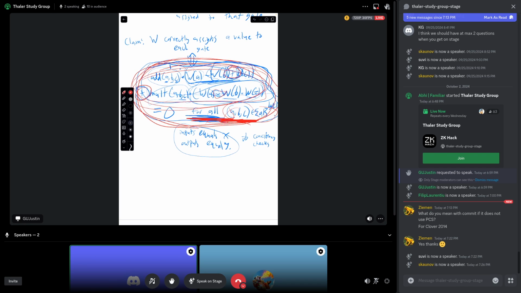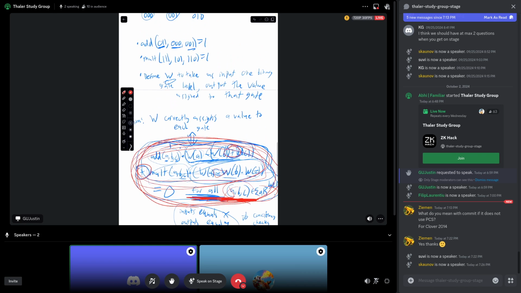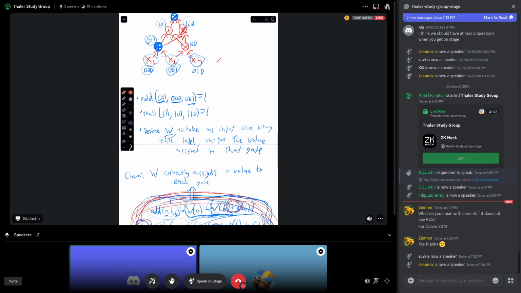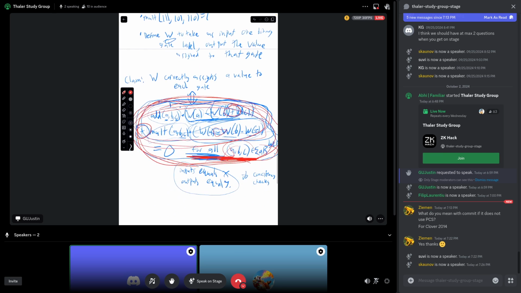So let's go through those gymnastics real quickly. Firstly, because we're ultimately looking to apply the sum-check protocol, I define add, mult, and W not to be polynomials. They're just functions whose domain is gate labels. To apply the sum-check protocol, you actually need a polynomial. So I'm going to get my polynomial as usual by just taking multilinear extensions of everything.